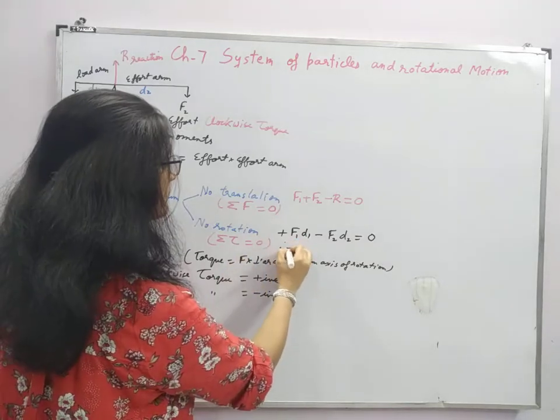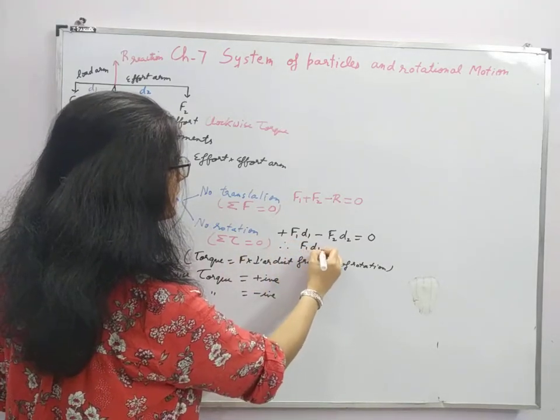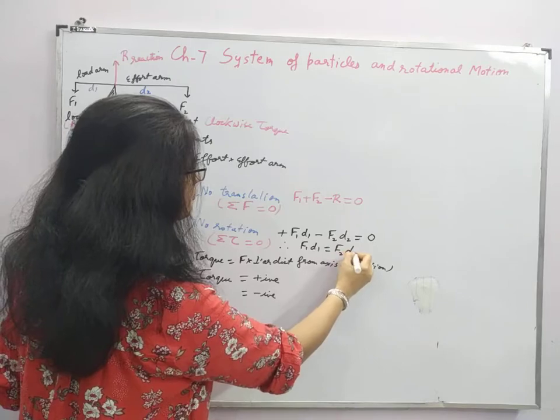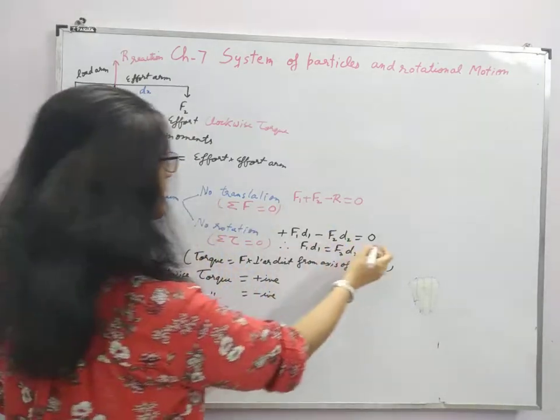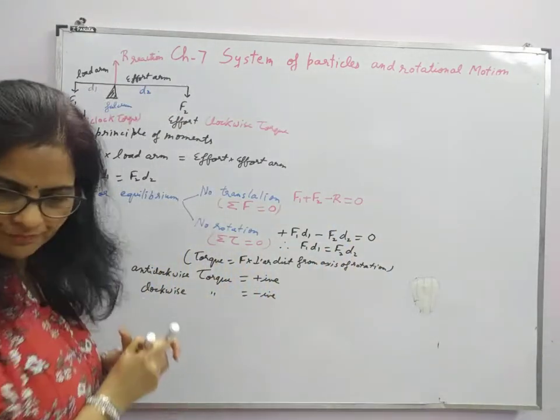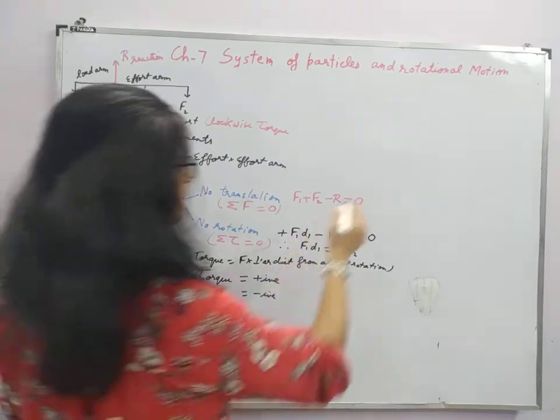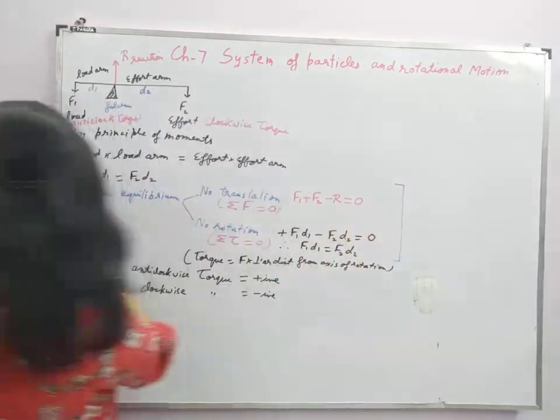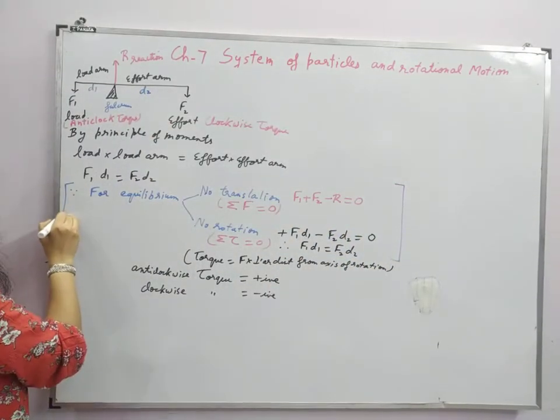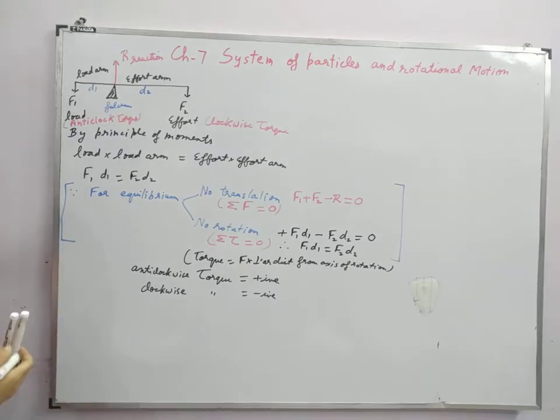So from here F1 D1 is equal to F2 D2, and this is what our principle of moments says, right? So this is our principle of moments. We have a question in your NCERT based on this principle of moments.